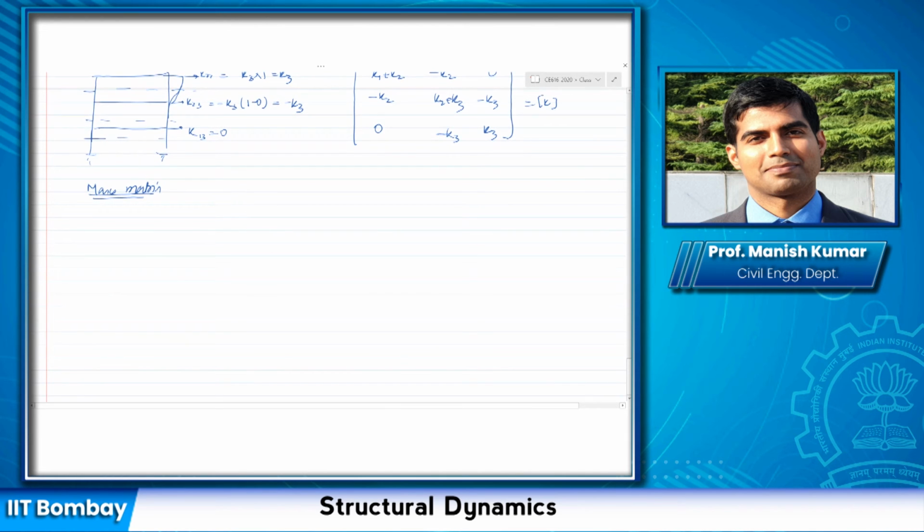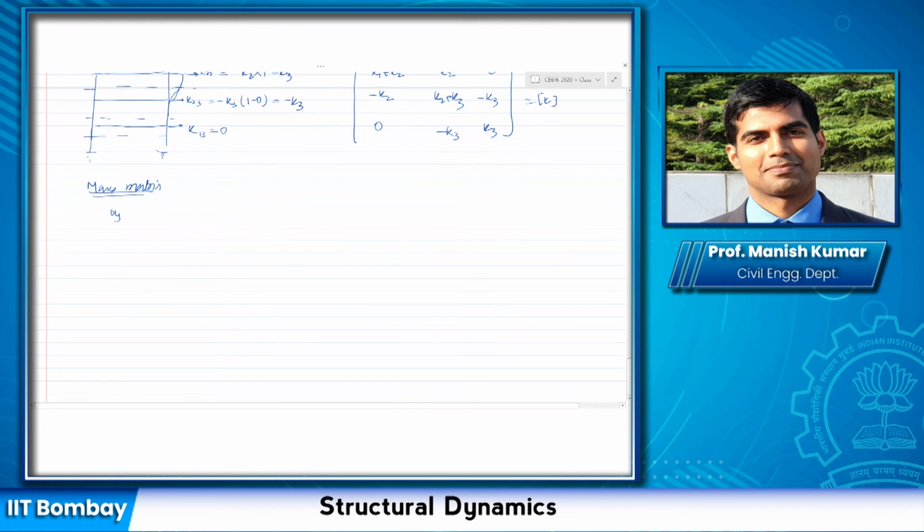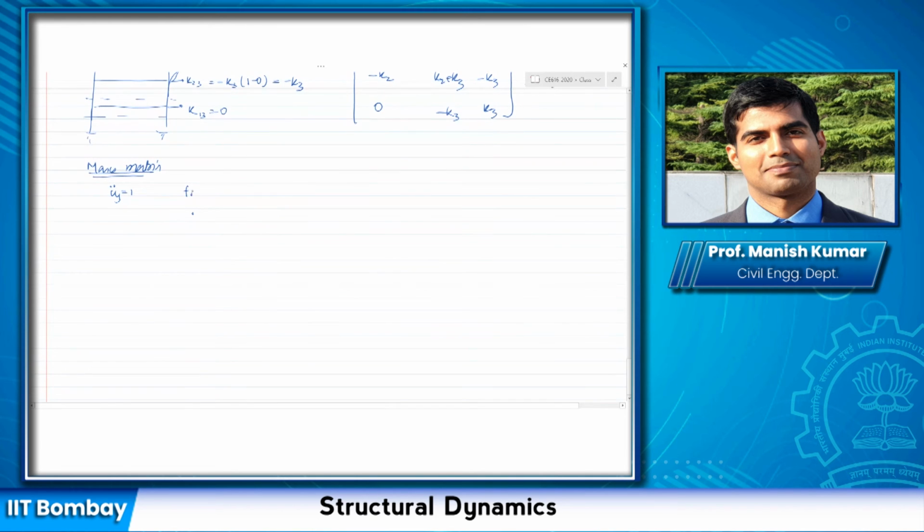Now for the mass matrix, again we follow a similar procedure in which I'm going to apply a unit acceleration at node J, and then for that unit acceleration, I'm going to find out what are the forces required. Let us call it Fij. What are the forces required at different degrees of freedom?